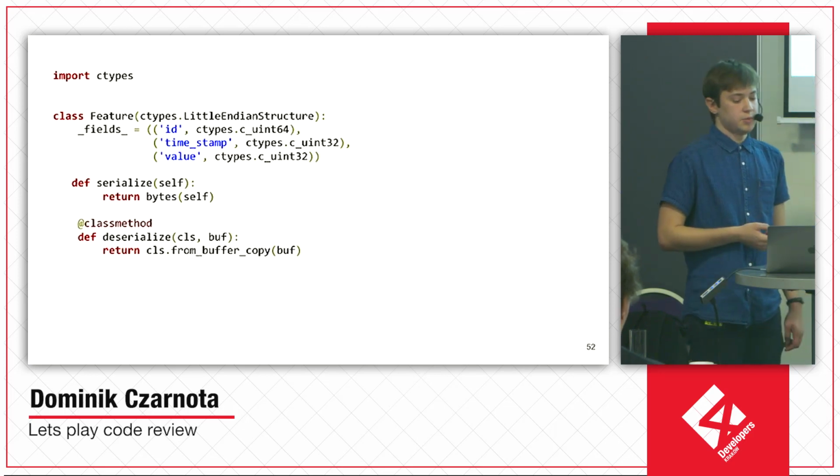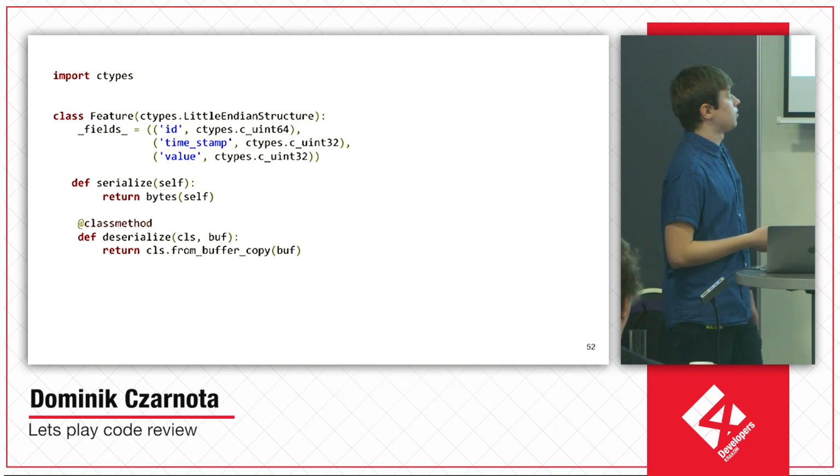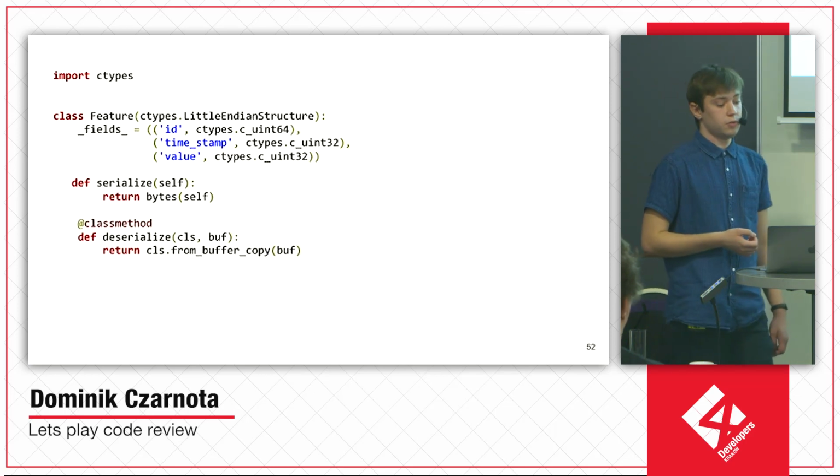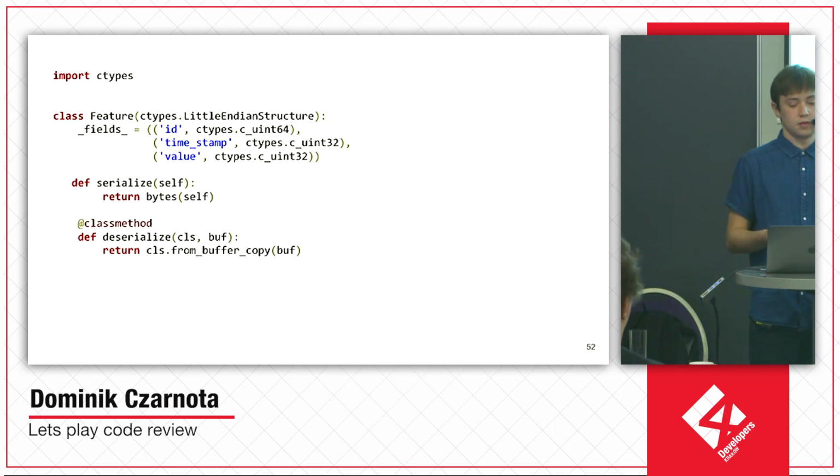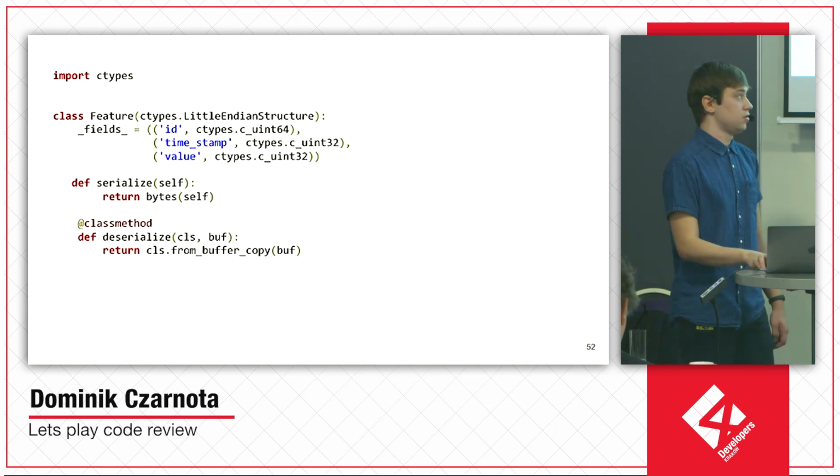And so these ctypes things have those base classes that you just inherit from. You specify the fields, and you specify the exact types of the fields, as you can see, like uint64, 32, and so on. And to serialize or deserialize your data, you don't even need methods.